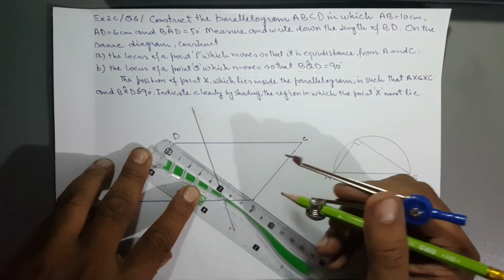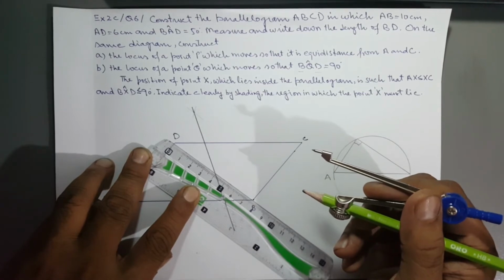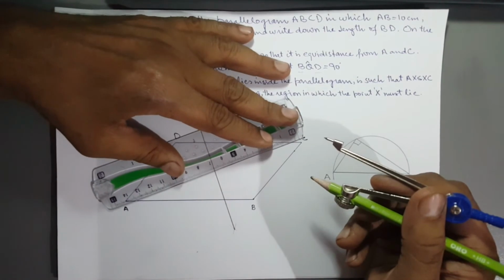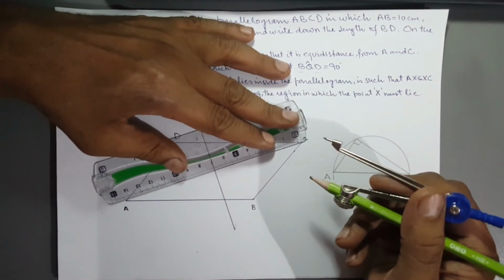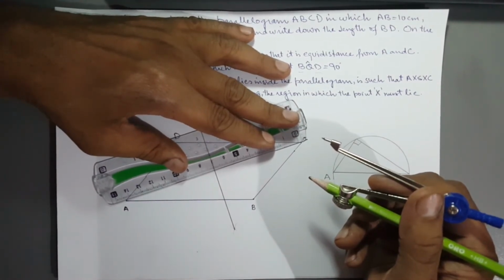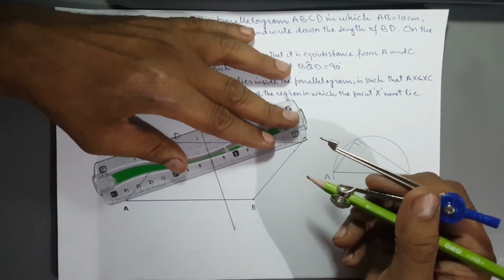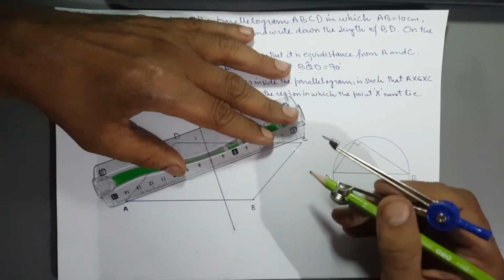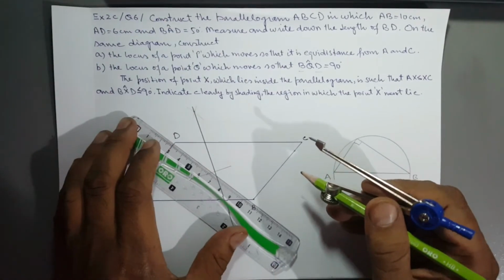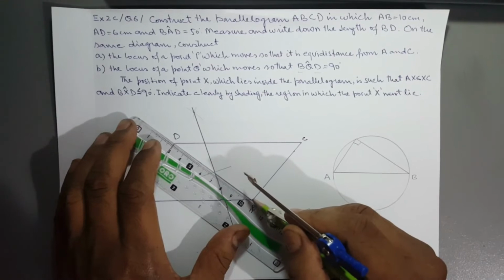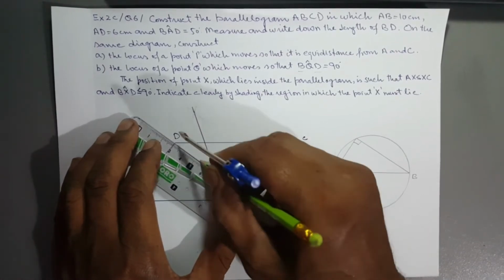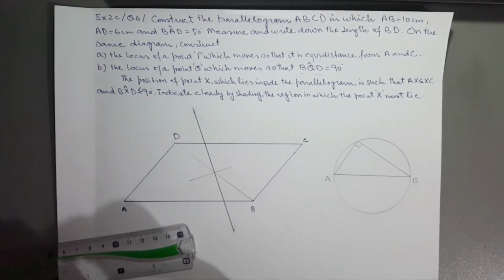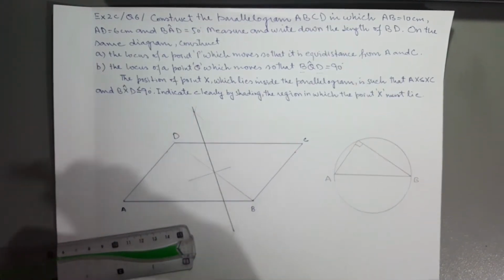We can find out the middle with the help of the point of intersection of the two diagonals. This one is the middle of BD, where the two diagonals intersect.